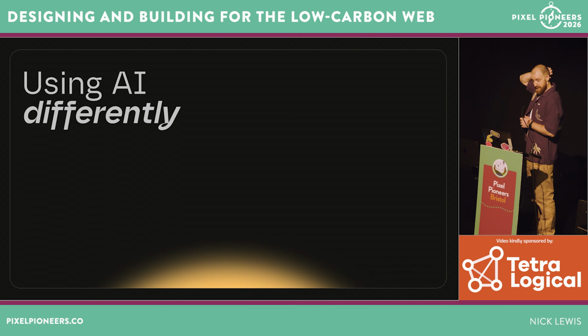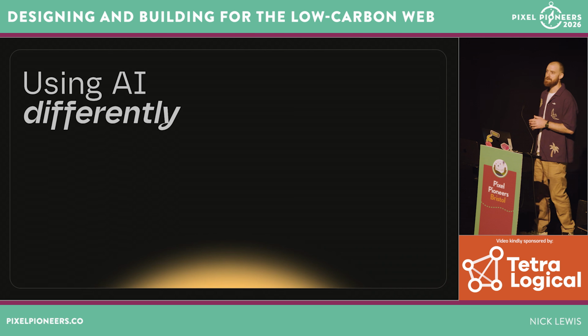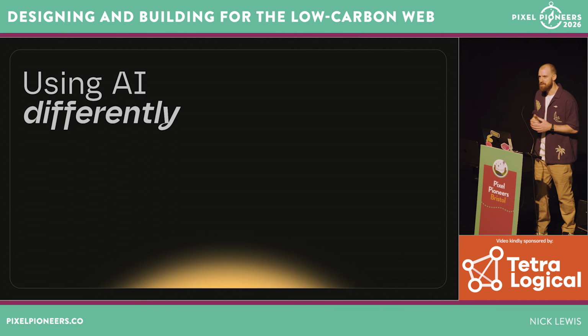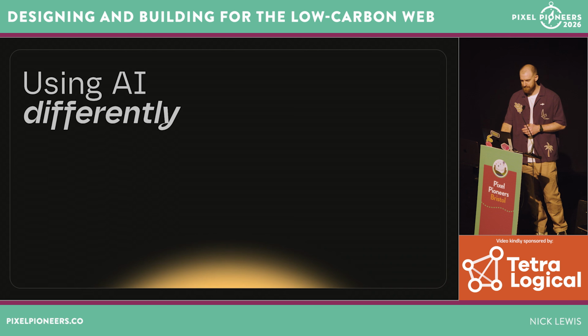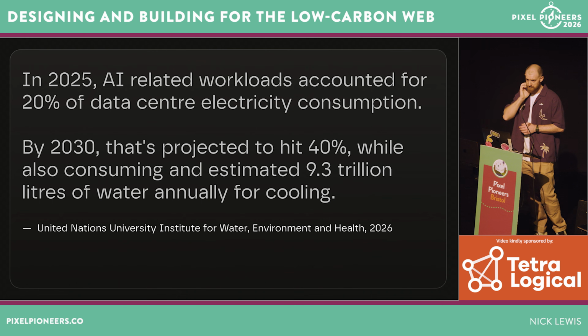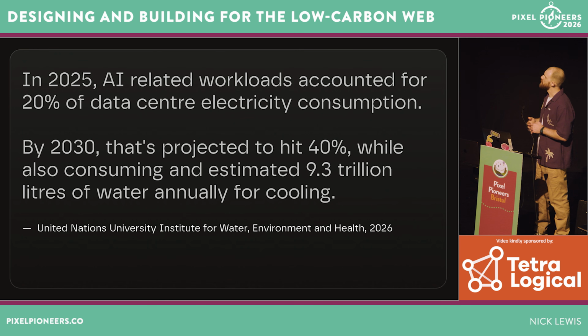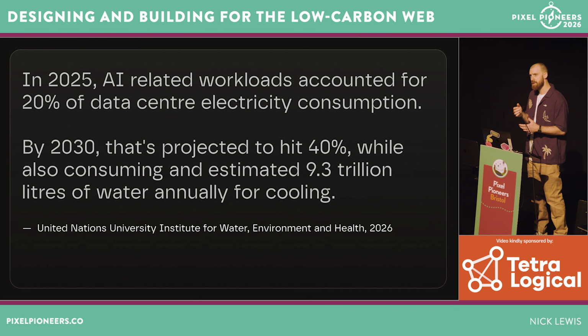Now, it wouldn't be a talk in 2026, especially on sustainability, without talking about AI. So how can we maybe use it differently? Well, a recent study by the UN states some pretty serious issues. In 2025, AI-related workload accounted for about 20% of data centers' electricity consumption.